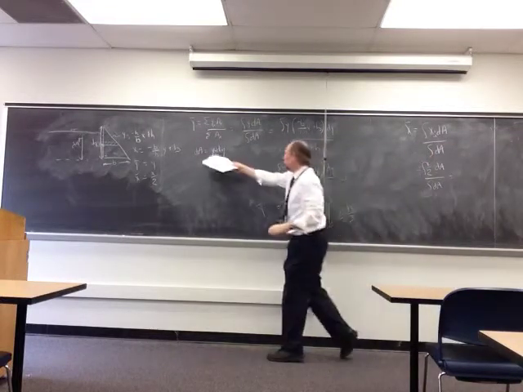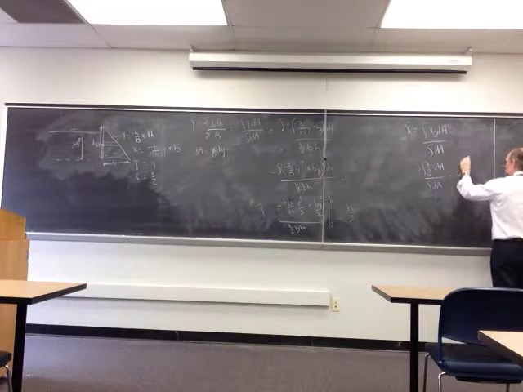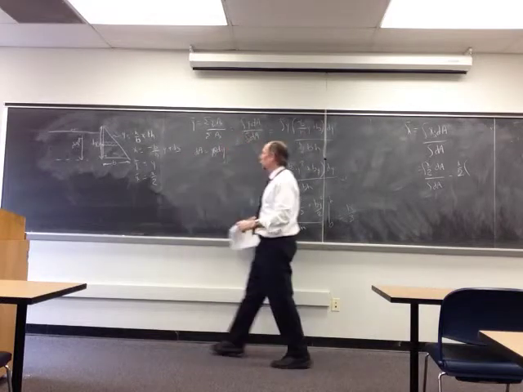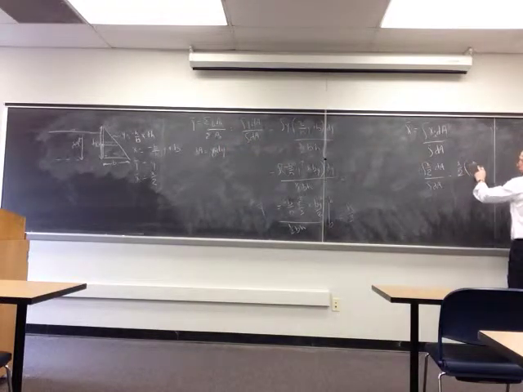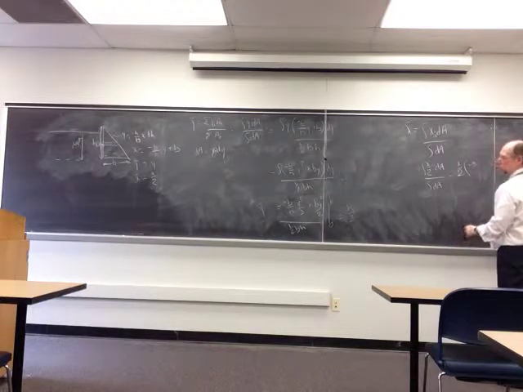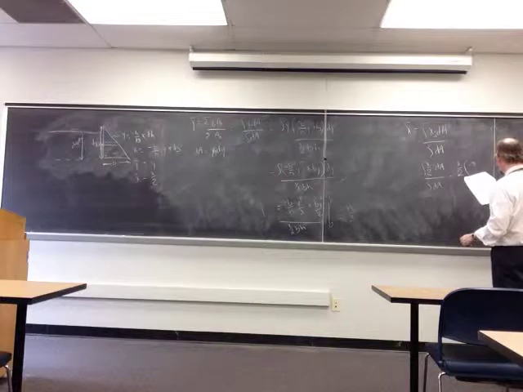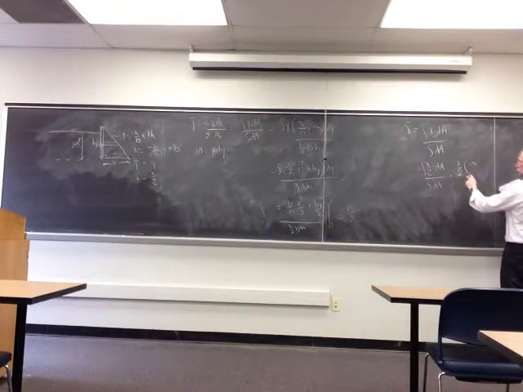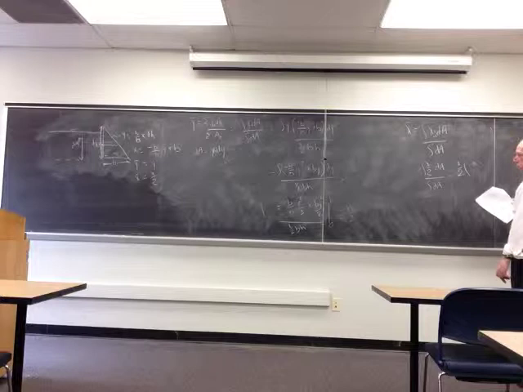dA is y of x dy, x over 2 times y of x, minus h over b x plus h. Wait a minute, y of x.